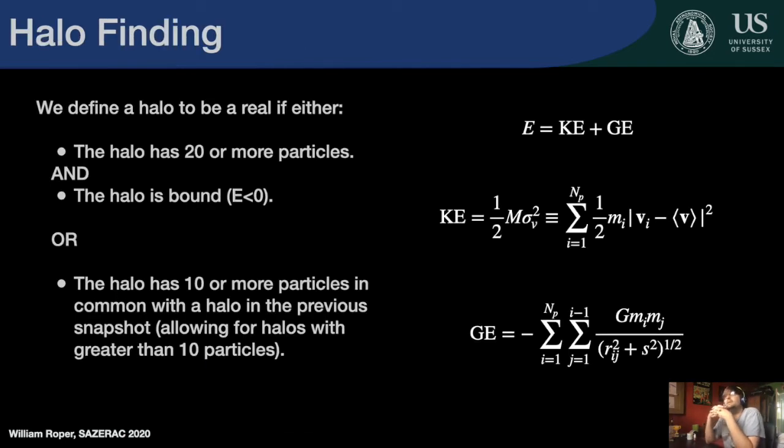So I said we have a relaxed halo definition, and this is what that halo definition is. So we define a halo to be real if it has 20 or more particles, and the halo is bound, so the energy given by this formula here is less than 0.